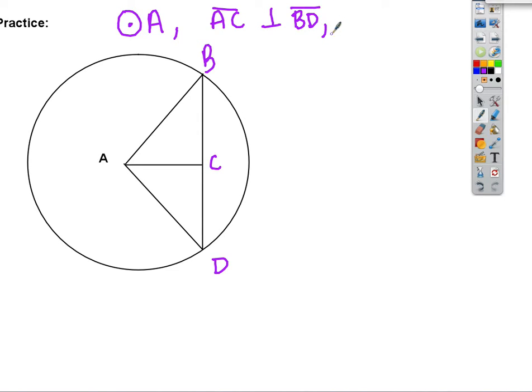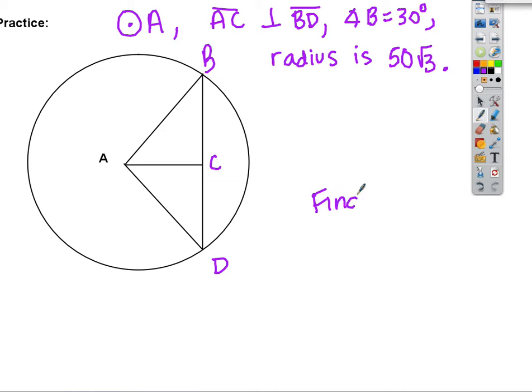I'm also going to give you that angle B equals 30 degrees, and that the radius of the circle is, let's say, 50 root 3. So here's the problem. In circle A, AC is perpendicular to BD, angle B is 30 degrees, the radius of the circle is 50 root 3. I want you to find AC.